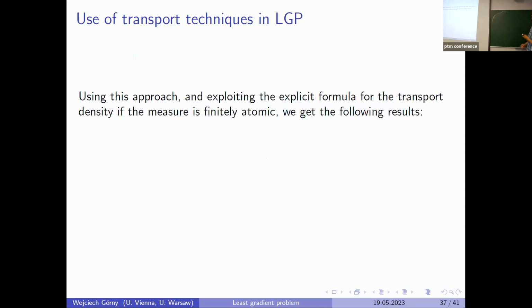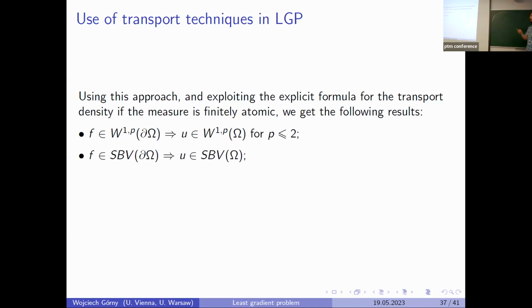Okay, this was maybe a bit convoluted. By using this approach, and in particular exploiting the formula for the transport density when the measure is finitely atomic, we can prove the following results. This is the original result due to Sant'Ambrogio and Vicente, that if the boundary datum is in W1P on the boundary, then U is W1P inside the domain for small p.